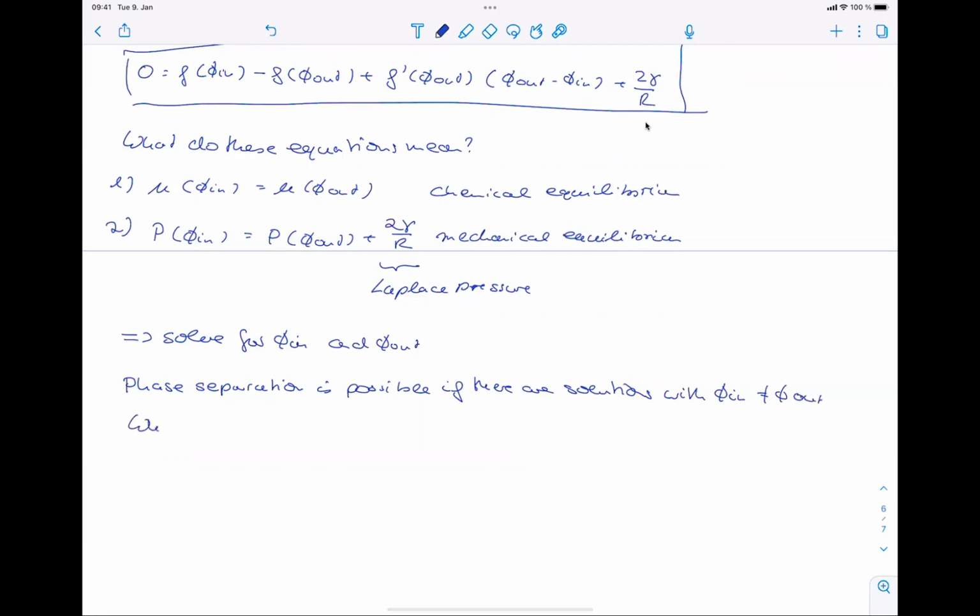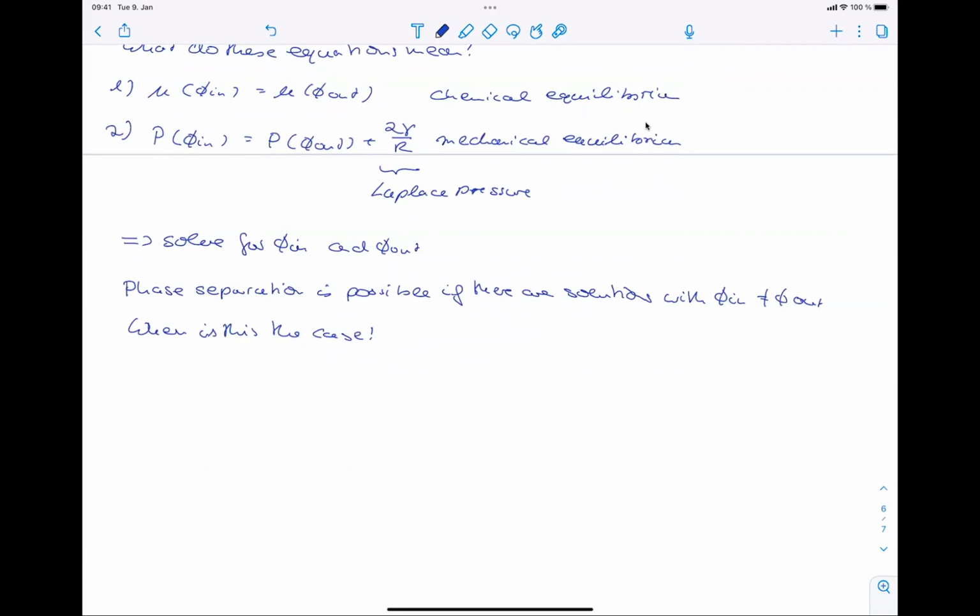So the question we're really just interested in is, when is this the case? And so to just gain insight, we'll look at the graphical interpretation of the Maxwell construction.